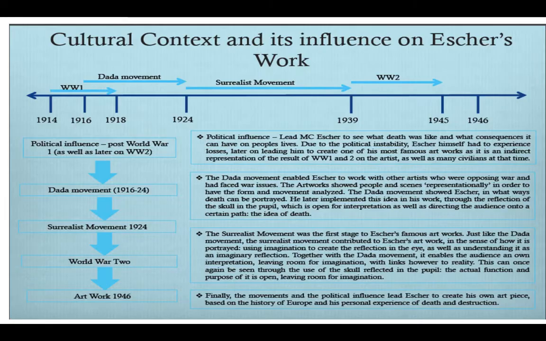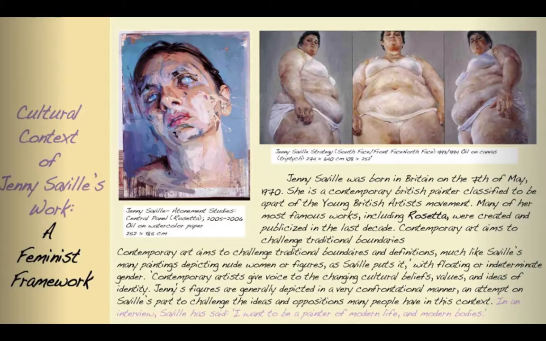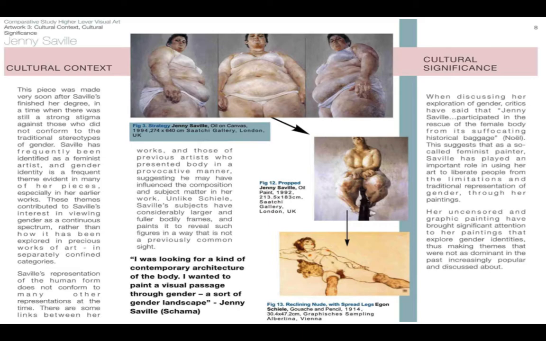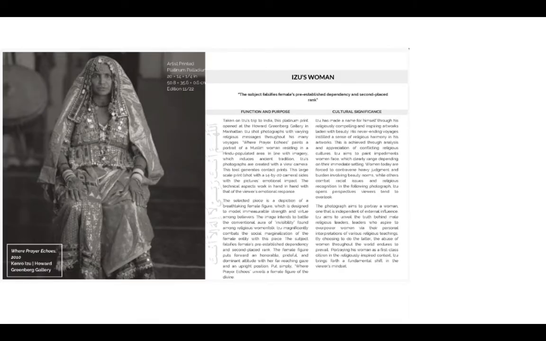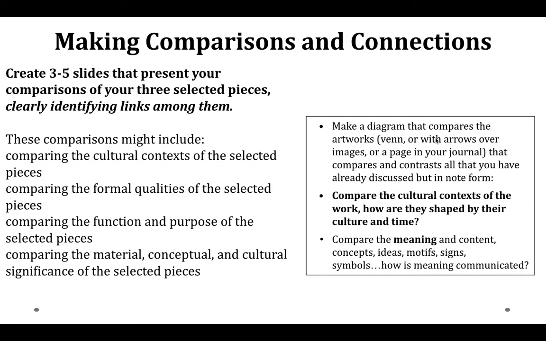Function and purpose was separated here. Cultural context and then the function and purpose were separated once again. With this one, the cultural context and function were all separated. The function and purpose and the cultural significance here were both left together on the same slide. And that function and purpose was separated.